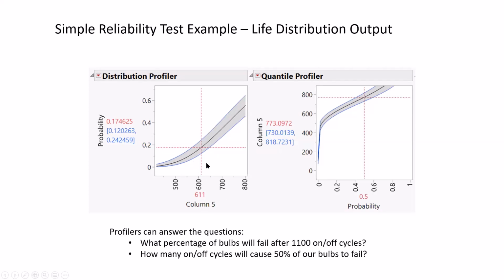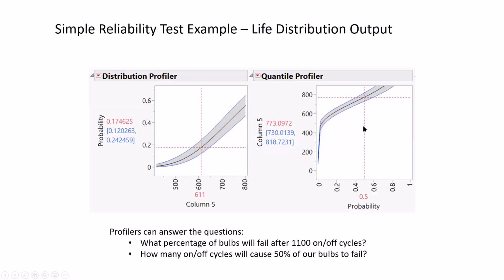But we can drag these around like other profilers in JMP to get estimates of what our failure rate is expected to be at 500 cycles, or at 700, or at 800, or on up past that. If we flip that chart around, we can say, when do we expect 50% of our product to fail? So our probability is 50%, and we can, whoops, I'm sorry.